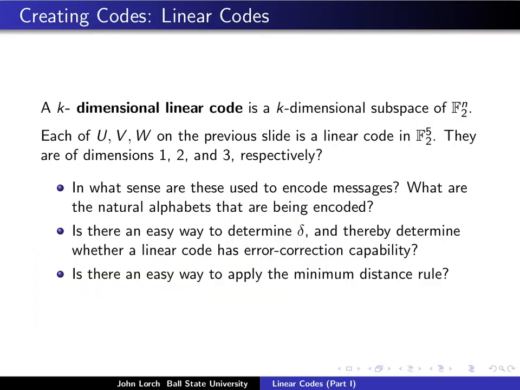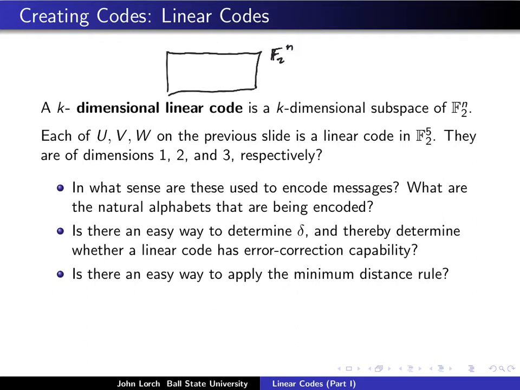Now we're ready for codes to enter the mix. So for us, a k-dimensional linear code is just a k-dimensional subspace of F2^n. So you can imagine F2^n as being this giant set of strings of length n. So there it is. And we want to identify in F2^n what our code words are.